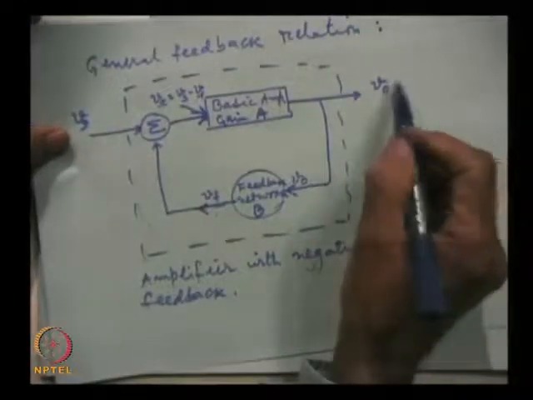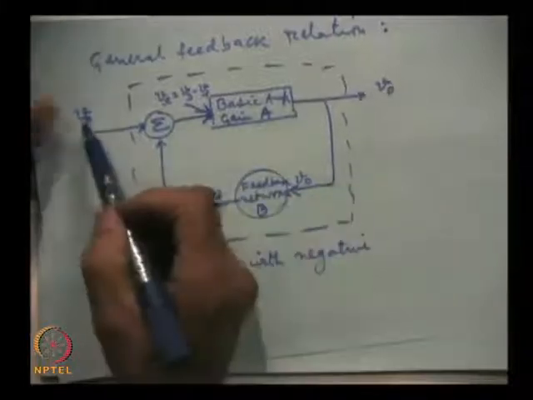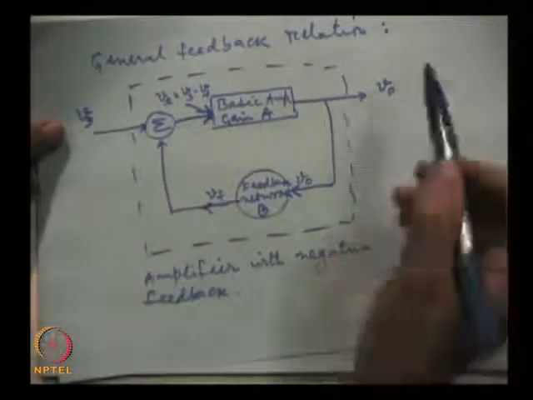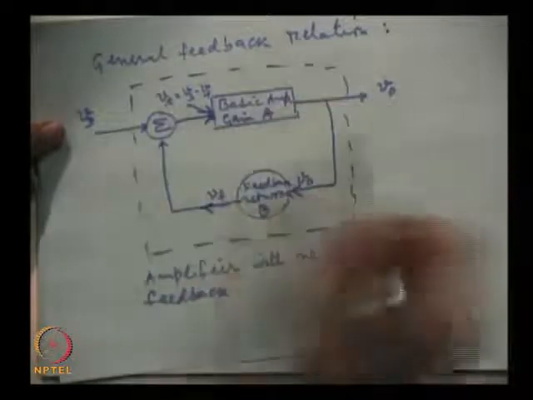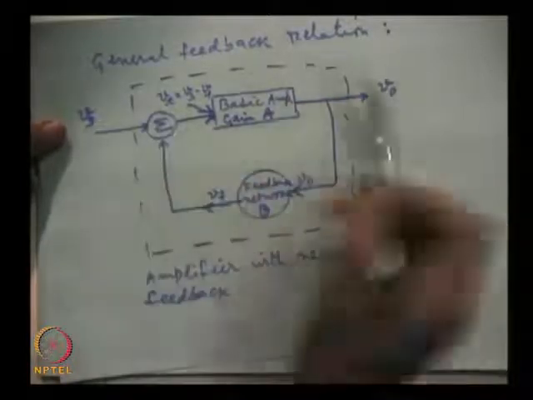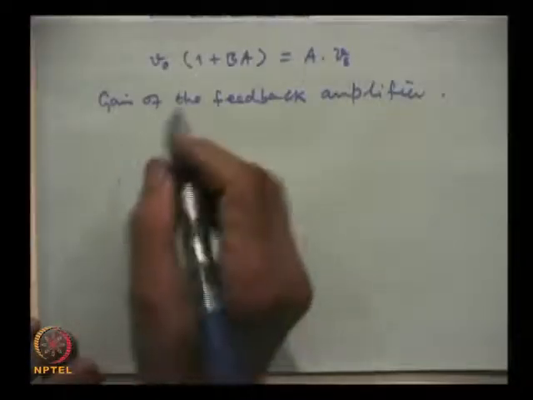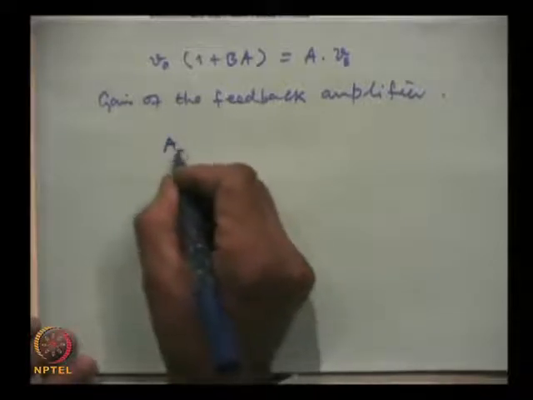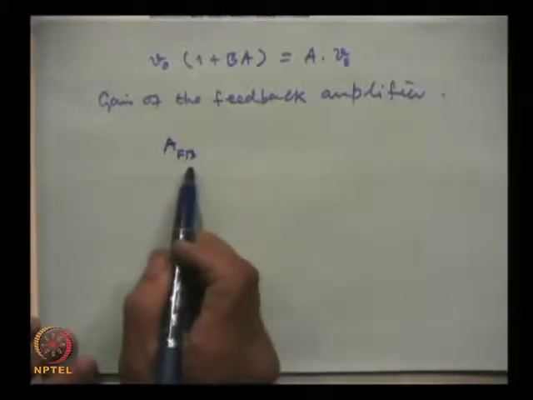To that, output is V0, input is Vs. Vs is the signal strength which we are feeding, and so this total amplifier has input as Vs and output is V0. So, we write this gain as AFB, FB for feedback.